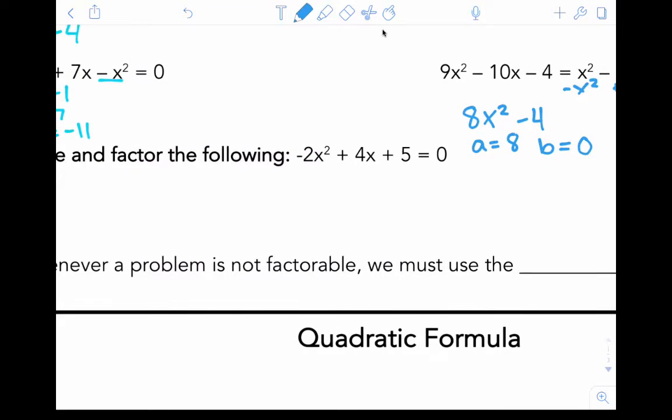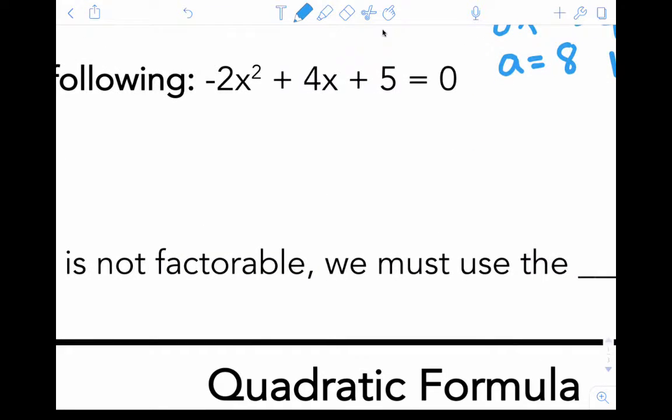So if I were to have you factor this problem right here, you would have to go through the AC method. I see that AC is negative 2 times 5, which is negative 10, and my b is 4. So I need to think of all my factors of negative 10 that add to 4.